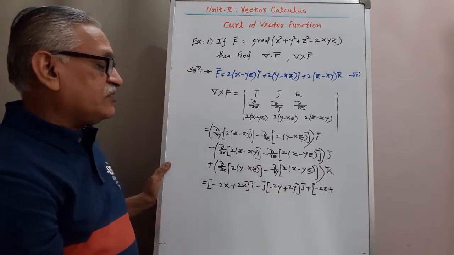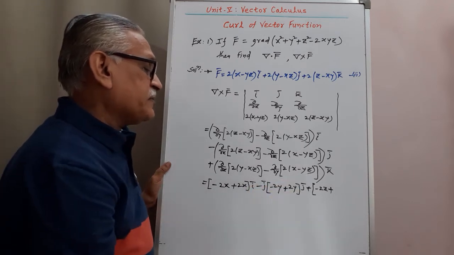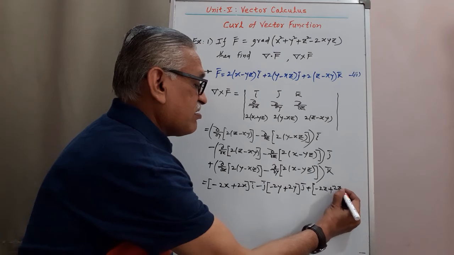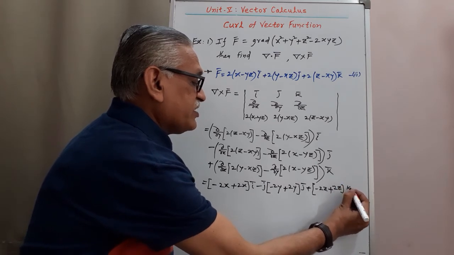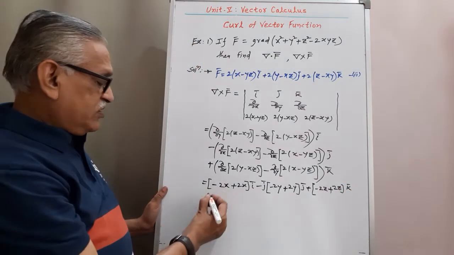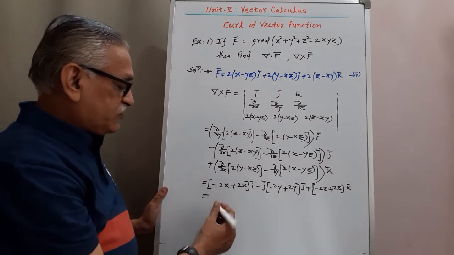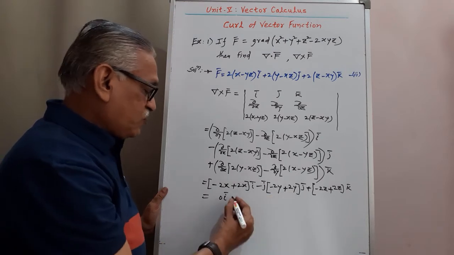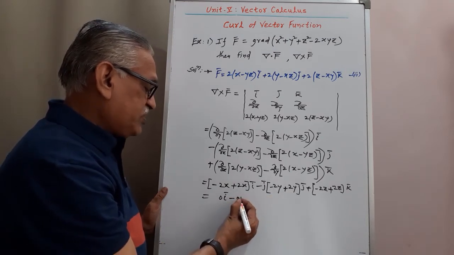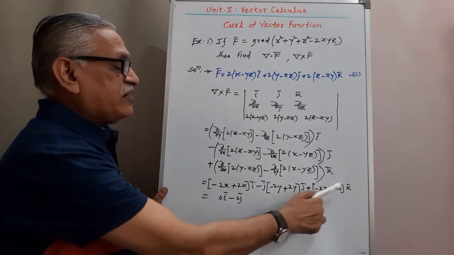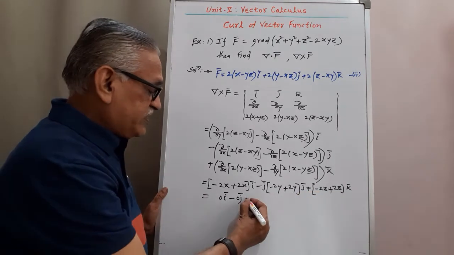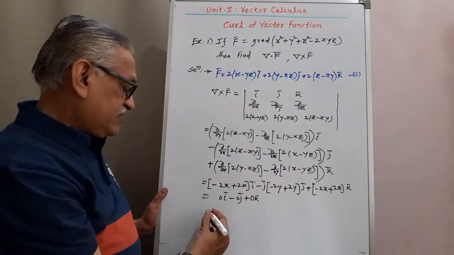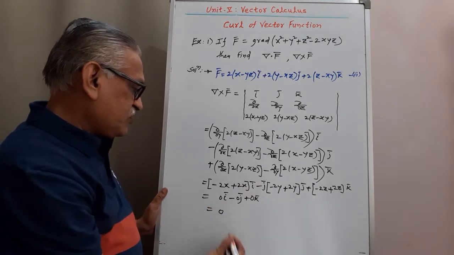Differentiation of that last term with respect to y is plus 2z into k, and therefore simplifying it, minus 2x plus 2x we get 0i, minus 2y plus 2y we get 0j, and 2z minus 2z once again we get 0, and therefore it is 0k, and it is nothing but 0.